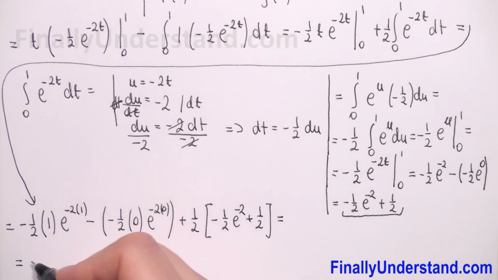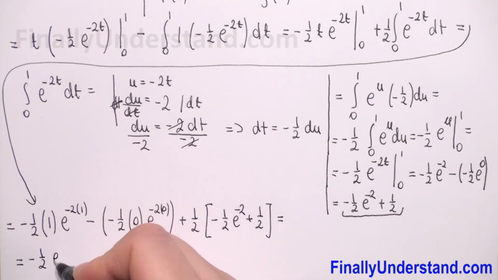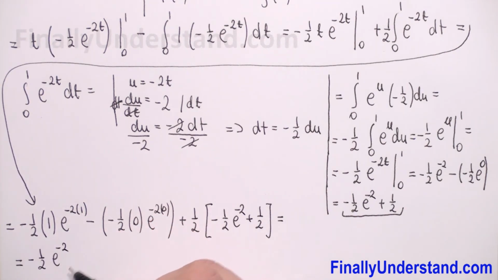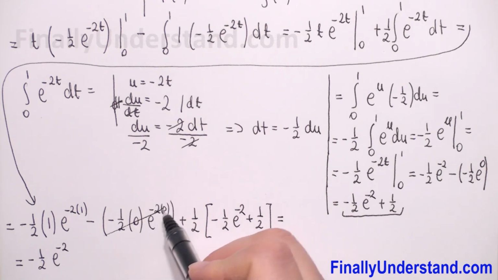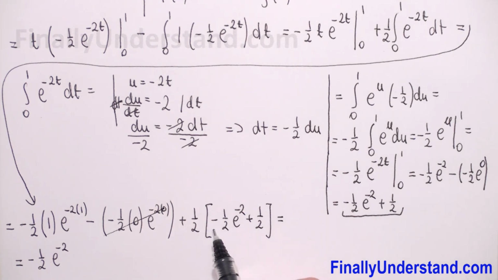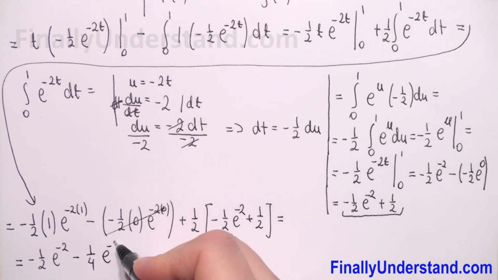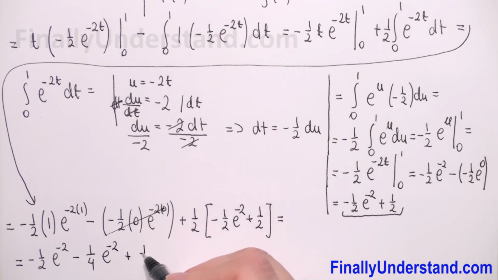This is equal to, what we have here, negative 1/2 e to power negative 2, minus, and this whole expression we have 0, so we can reduce. We have now 1/2 times negative 1/2 will be negative 1/4 e to power negative 2. 1/2 times 1/2 will be plus 1/4. So this is equal to negative 1/2 and negative 1/4 e to power negative 2.